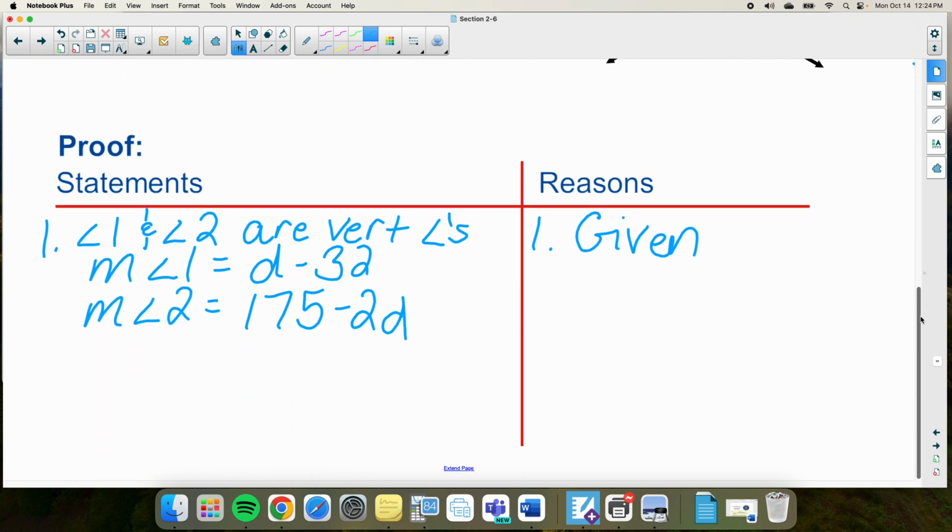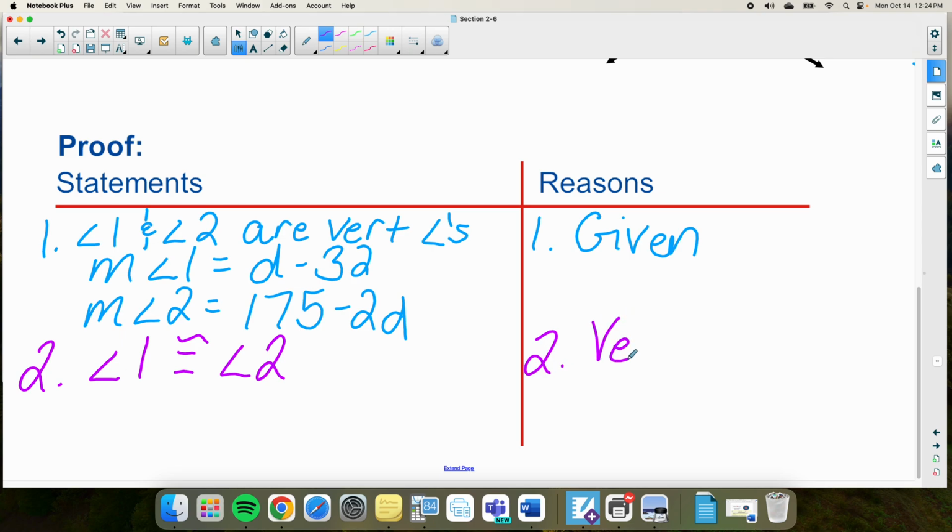So let's come down here, and our step 2 would be that angle 1 is congruent to angle 2. And how we knew that is because of the vertical angles theorem. Okay, angle 1 is congruent to angle 2 by the vertical angles theorem.